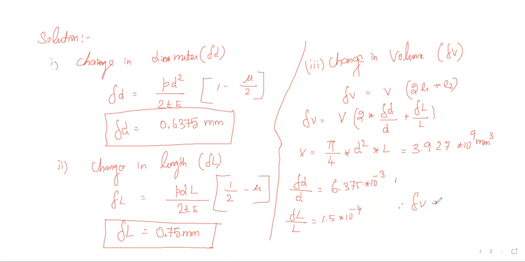So it becomes 50.658 into 10 to the power 6 mm cube. So this is the change in volume. This is the answer for our question.